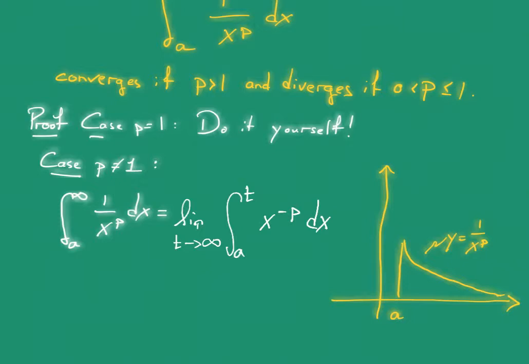All right, so what is this equal to? Well, this is equal to the limit as t tends to infinity, finding our antiderivative of x to the minus p. We'll just add 1 to our original exponent, and now multiply by the reciprocal of our new exponent. Looks like that. And evaluate at t and a and subtract.